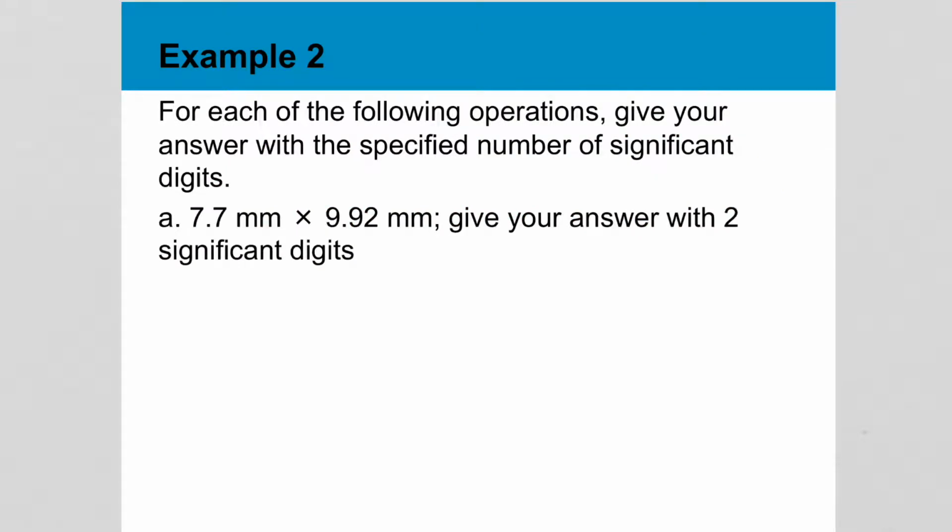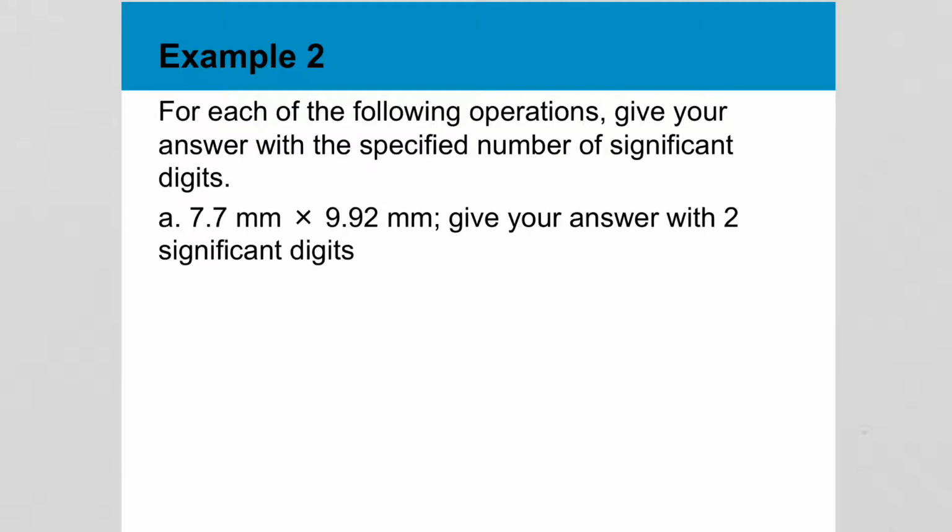Example 2 says, for each of the following operations, give your answer with the specified numbers of significant digits. So we want to multiply 7.7 millimeters times 9.92 millimeters.